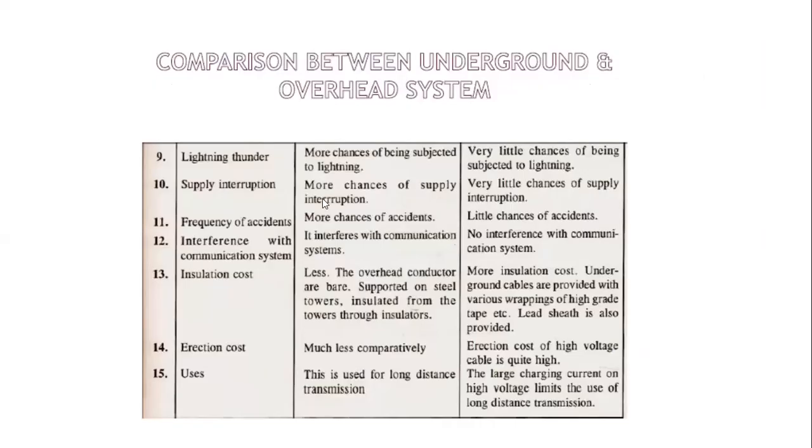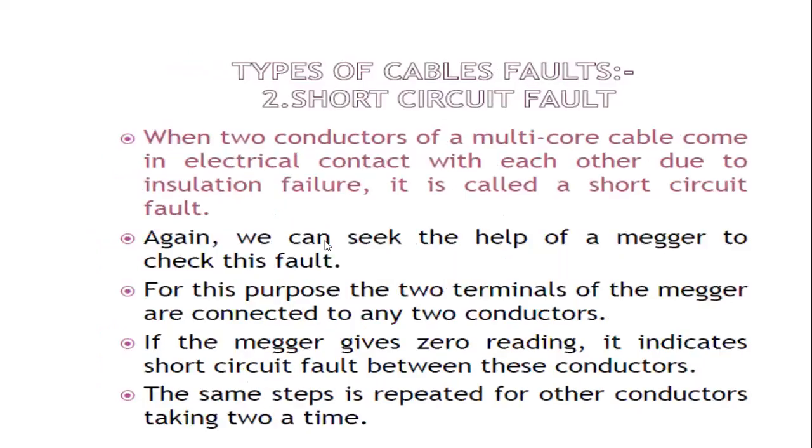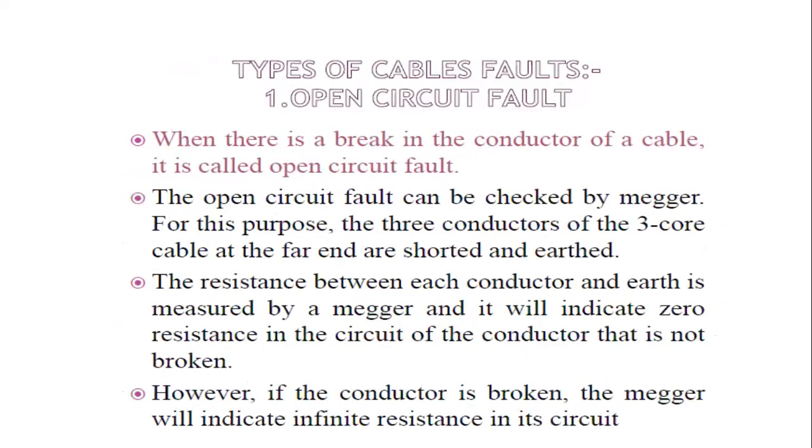These are the comparison between the underground and the overhead systems, and also the various types of faults that will be obtained in underground cables. That is open circuit faults, short circuit faults, and earth faults.